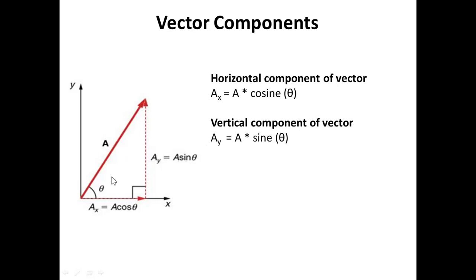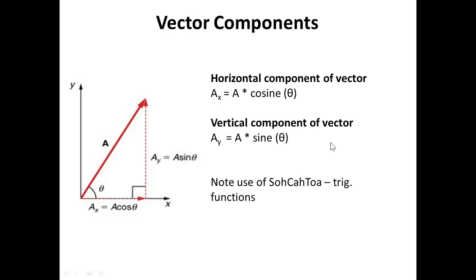Why? Because solving this gets this as the opposite of the angle theta. So we're going to use sine of theta is equal to opposite over hypotenuse. So bringing out the vertical component AY, this becomes AY is equal to A sine of theta.